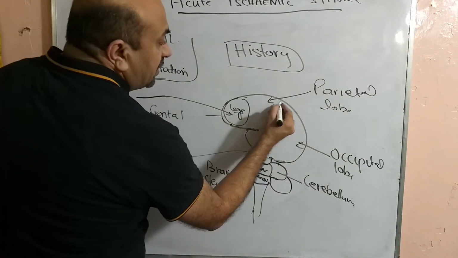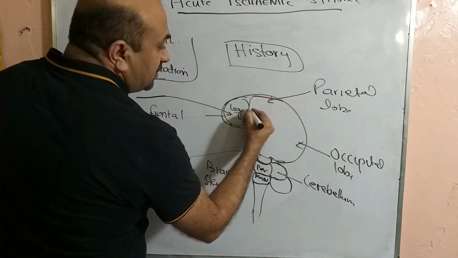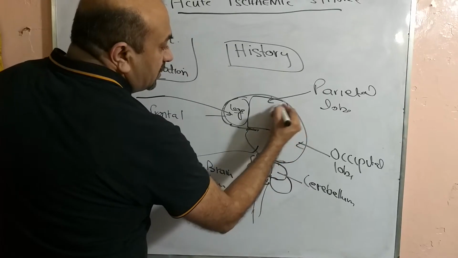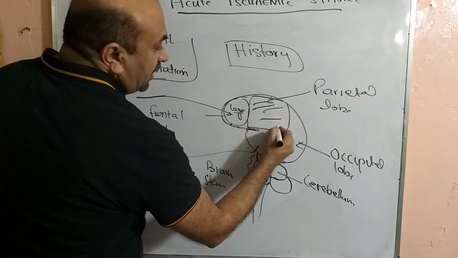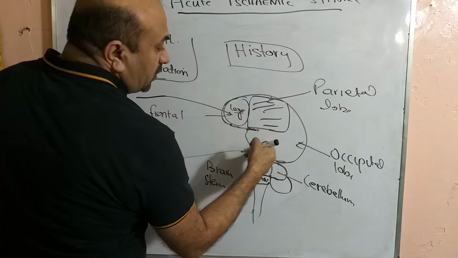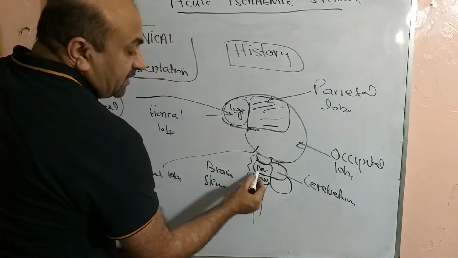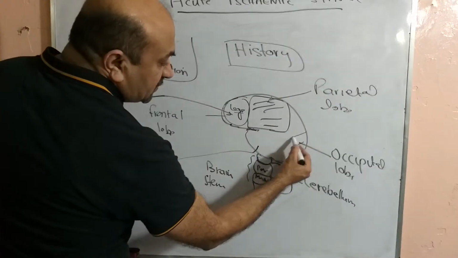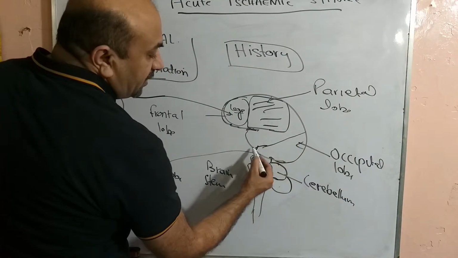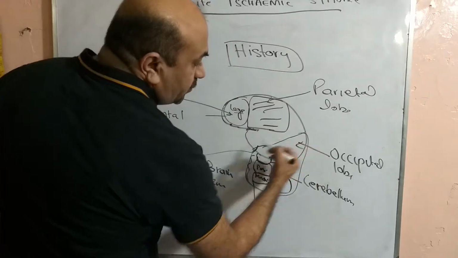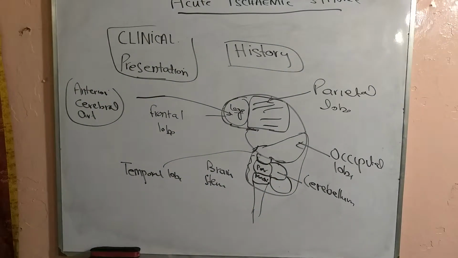And the middle cerebral artery basically supplies the larger lateral surface of the parietal lobe and the anterior part of the temporal lobe and the anterior part of the occipital lobe. But the brainstem, cerebellum, occipital lobe and also the thalami are supplied by the posterior cerebral artery. So posterior circulation involvement will cause those manifestations which are controlled by the cerebellum and the brainstem.